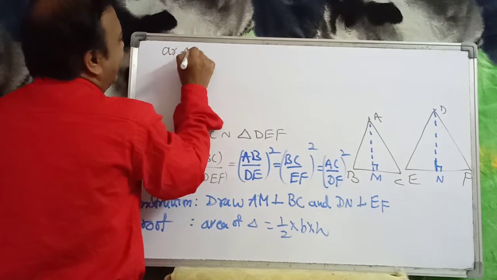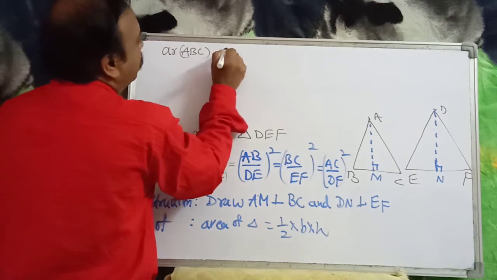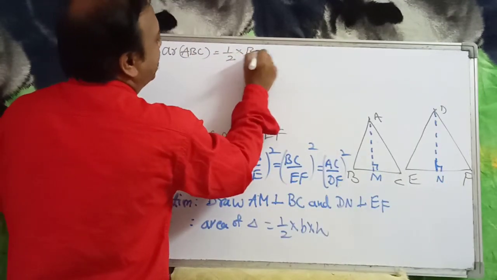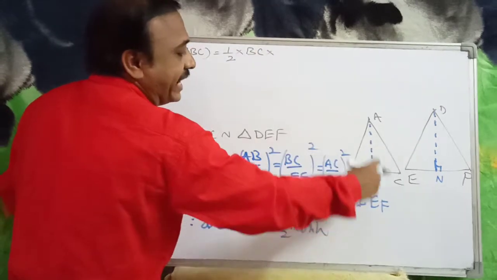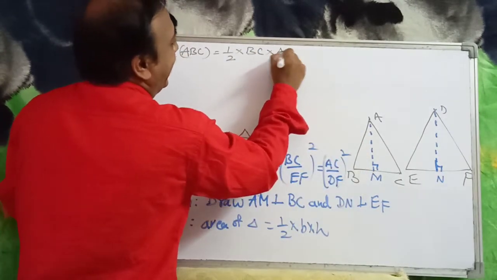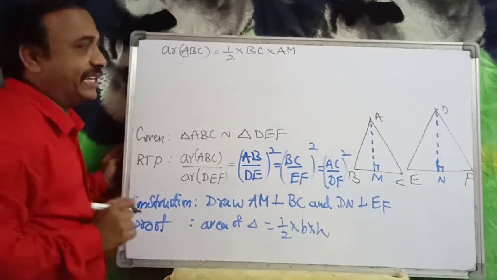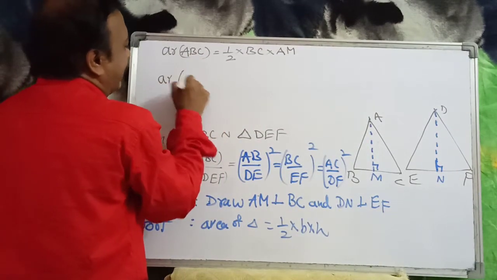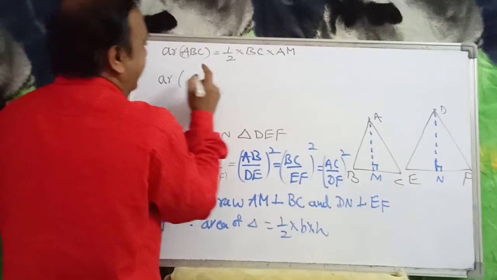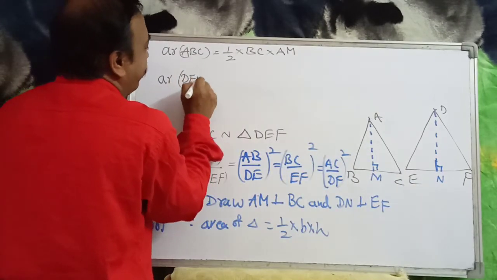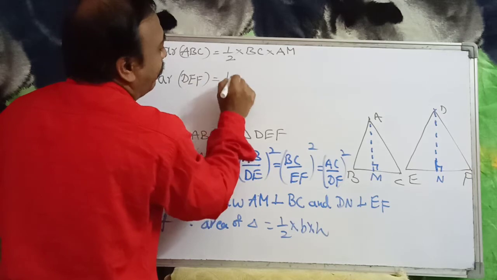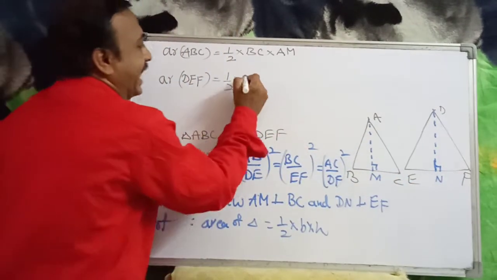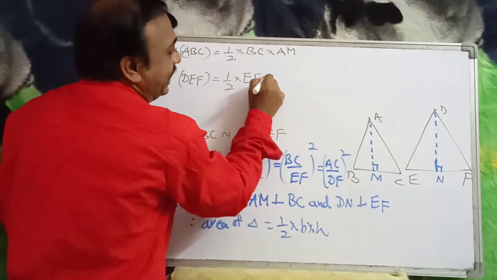Area of triangle ABC is equal to half into the base BC into the corresponding altitude AM. Next, similarly, we take the area of triangle DEF, which is equal to half into the base EF into the altitude DN.